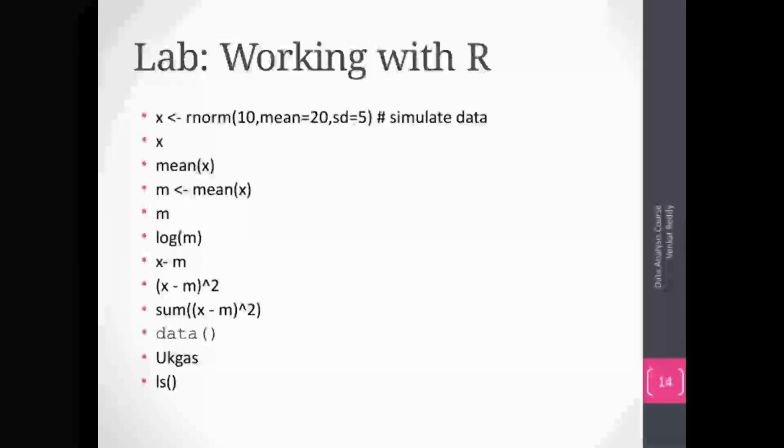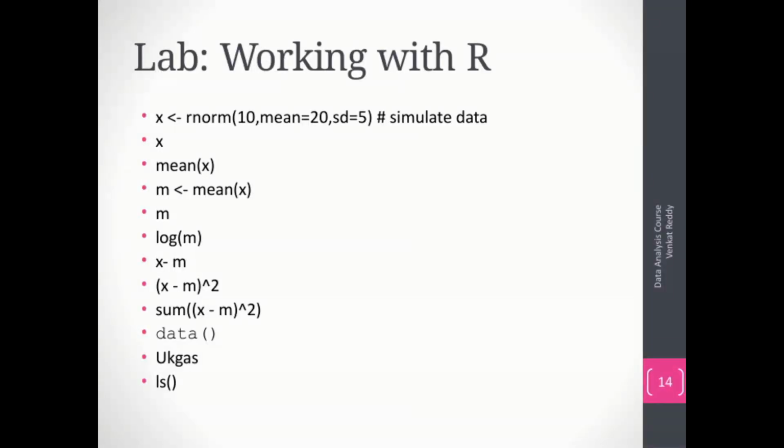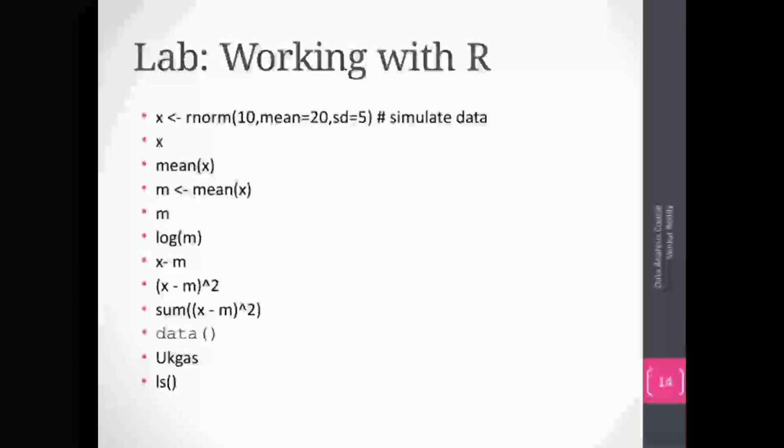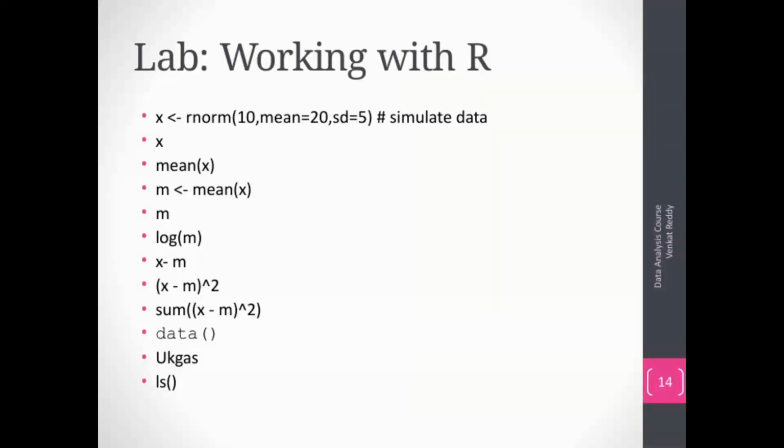Moving on, we subtract the mean from each data point with x - m, highlighting how data points deviate from the average. Squaring these deviations with (x - m)^2 emphasizes larger deviations, which are important in variance calculations. Summing these squared deviations using sum((x - m)^2) gives us the total squared deviation, a key step in understanding data spread.